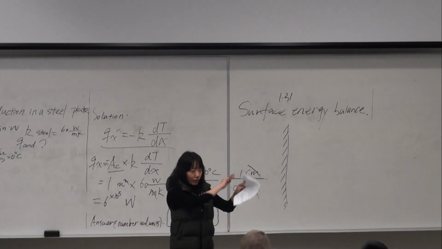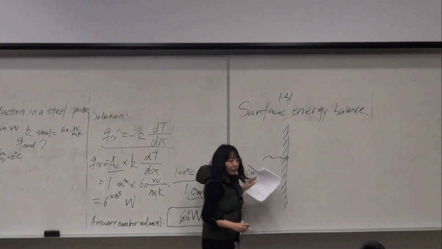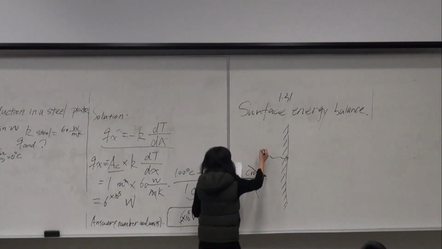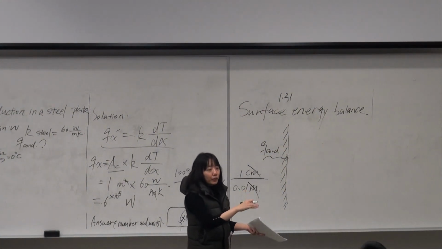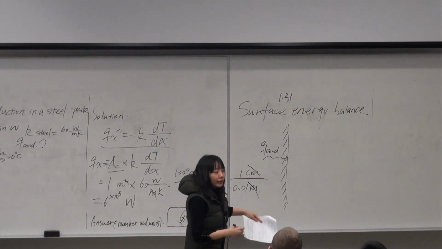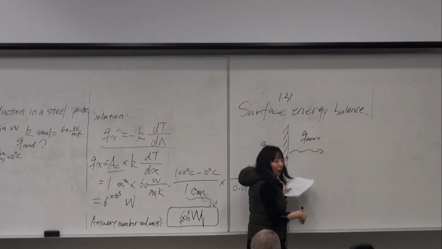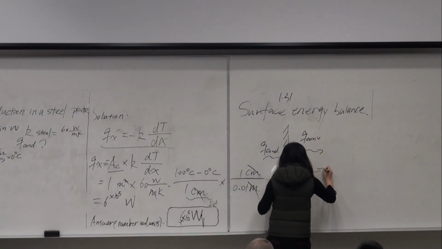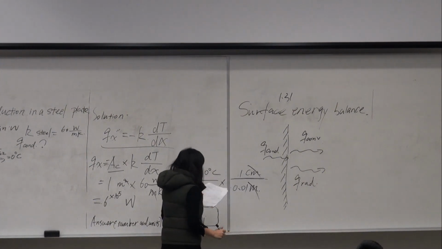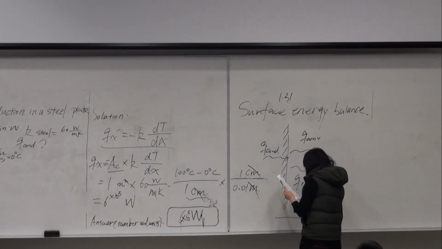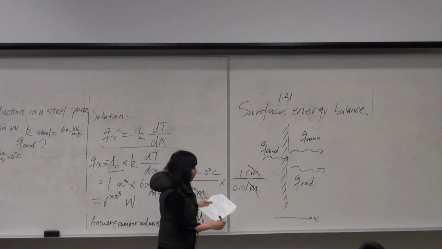Imagine we have a large plane surface here, with heat conduction inside, and it also exchanges heat with the outer environment, which can be convection or radiation. Let's assume the total surface is at the temperature of Ts.